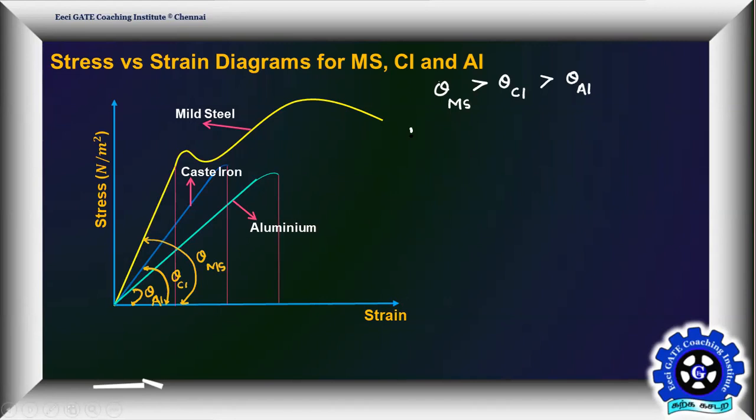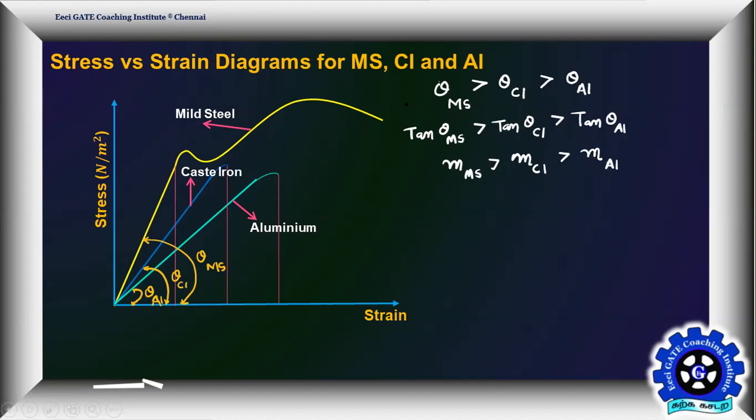Once you apply tan, tan theta mild steel will be greater than tan theta cast iron, greater than tan theta aluminium. Okay, so that means the slope of the mild steel, then the slope of the cast iron, then finally the slope of the aluminium.